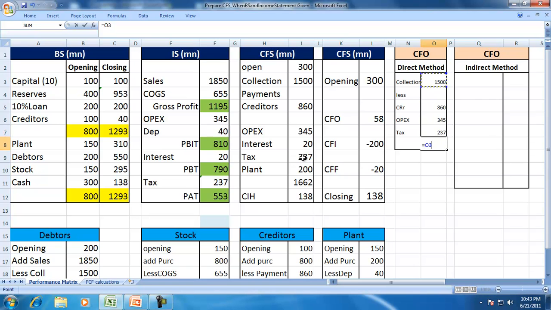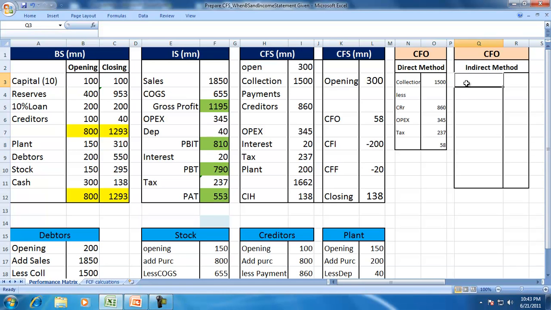So the cash from operation will be 58. That is the direct method, which shows the receipts and payments coming from the operating activity.